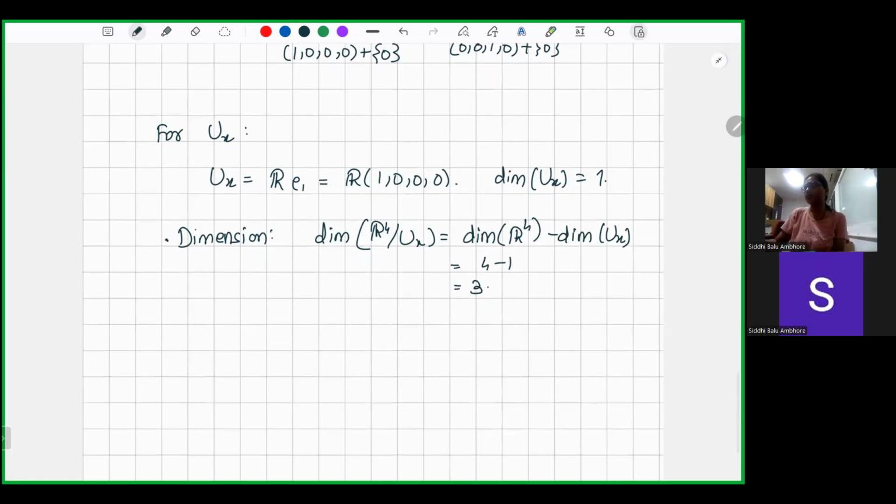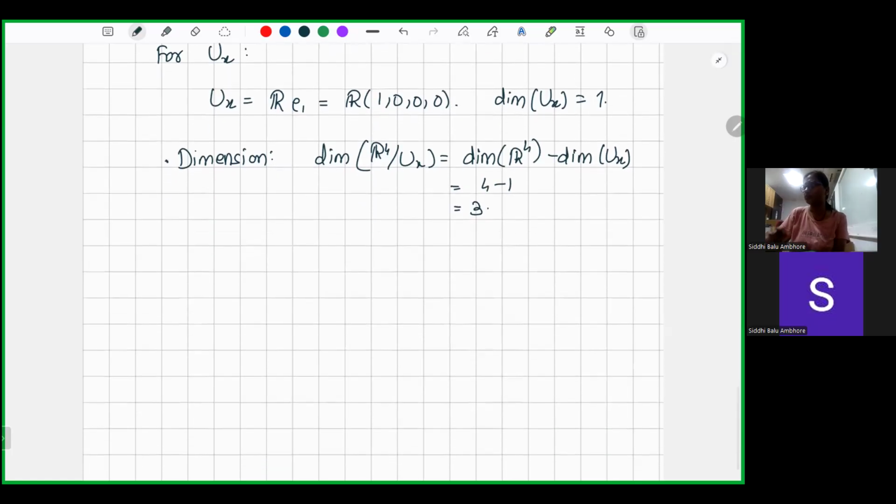So we have the whole dimension: the dimension of R4 quotiented by Ux is the dimension of R4 minus the dimension of Ux, which is 4 minus 1, that is 3.